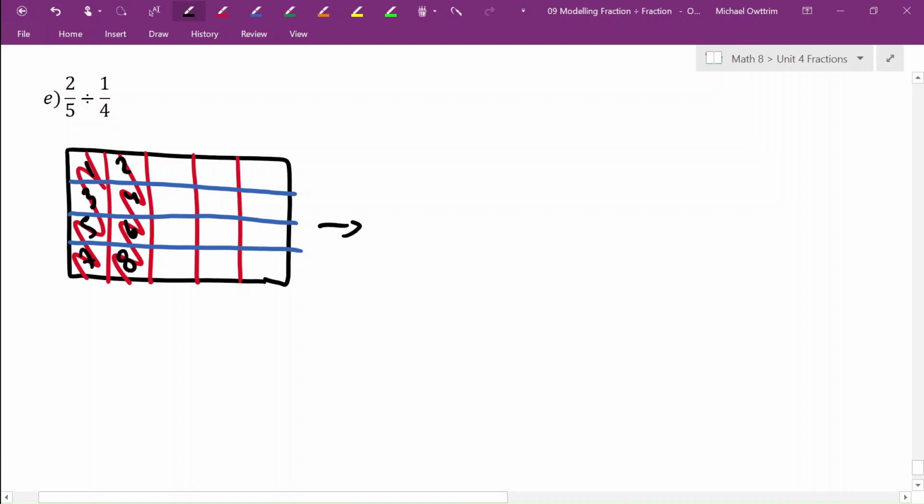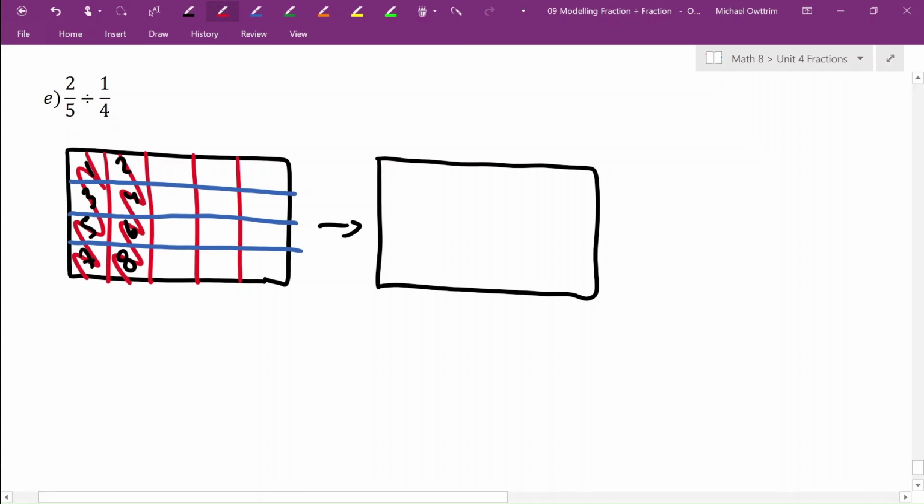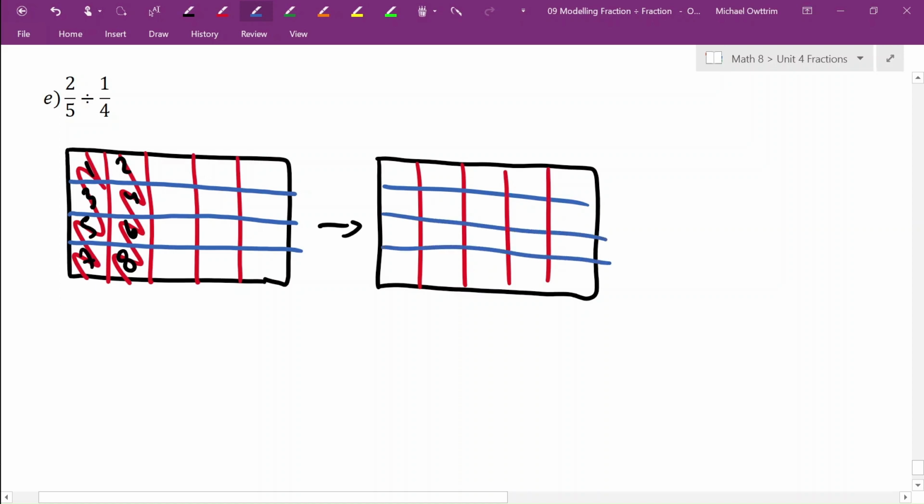And we want to sort those 8 pieces into the rows instead of in the columns. So let's go ahead. We need our 5 columns again and our 4 rows. And we're going to sort our 8 pieces into here. 1, 2, 3, 4, 5, 6, 7, 8.